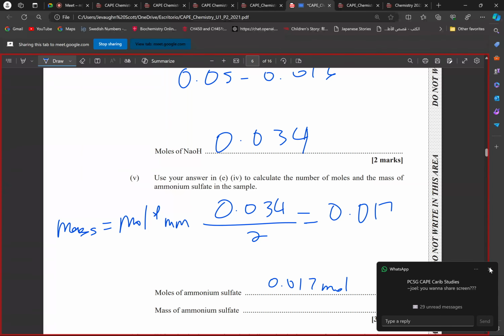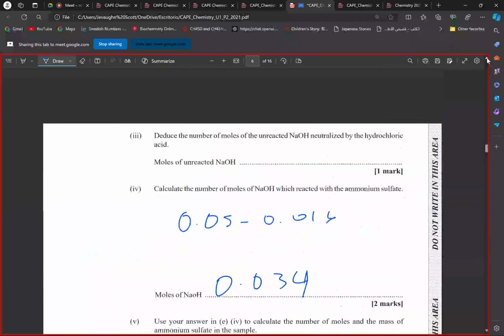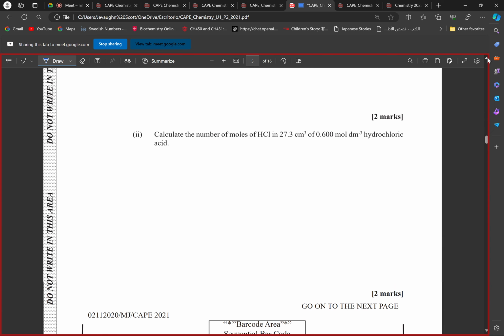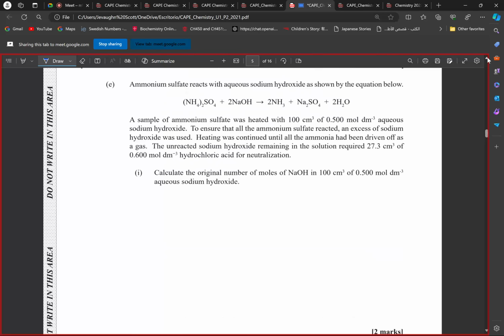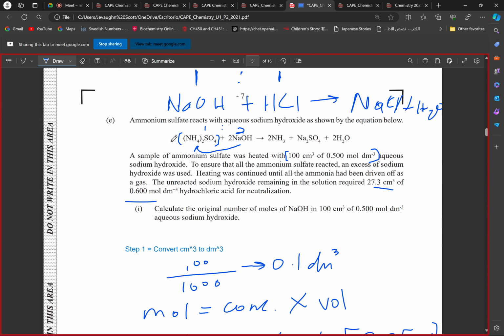What is the molar mass of sodium... well, I was about to say sodium ammoniate, sorry about that. What is the molar mass of ammonium sulfate? If you look at ammonium sulfate, what is the mass? 132 gram. 132.